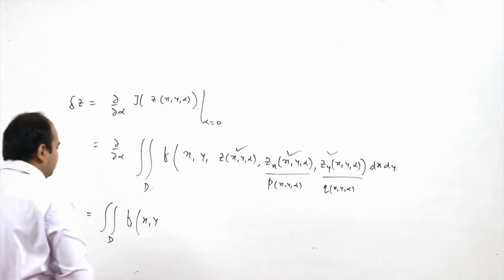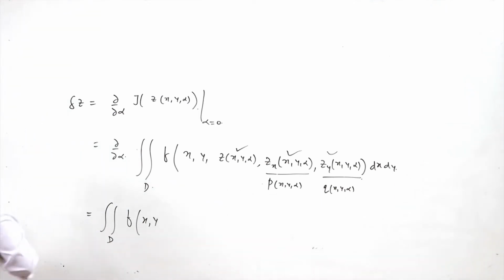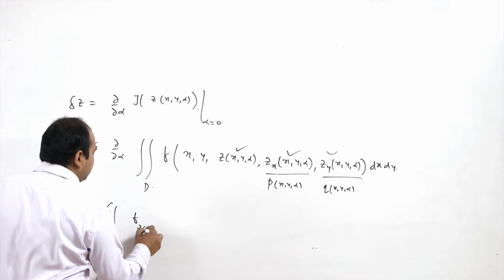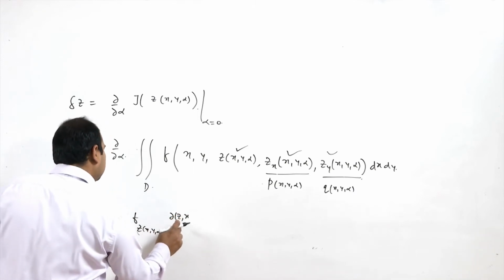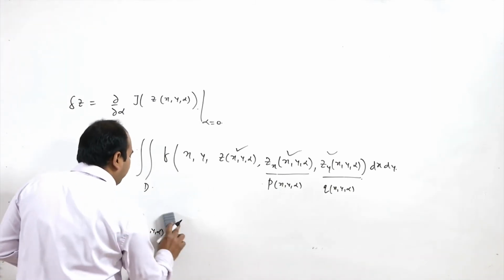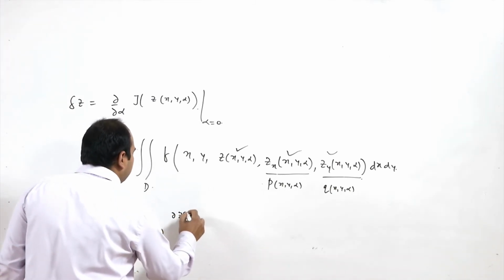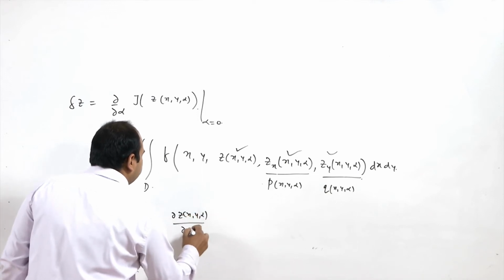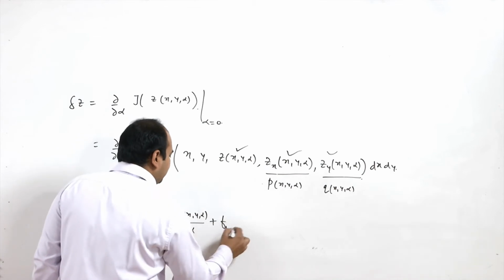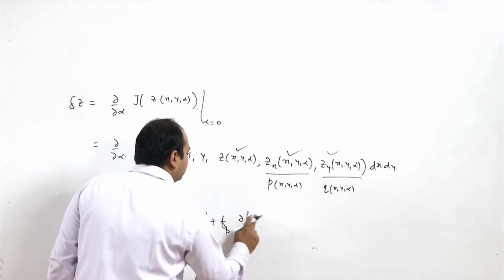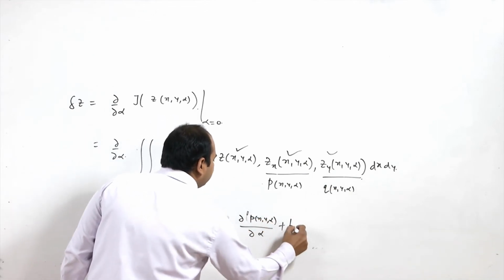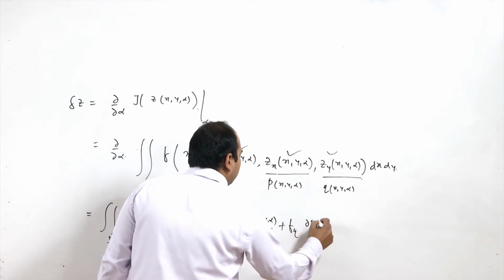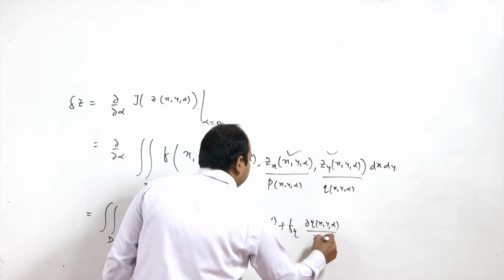So by using the formula of derivative, you can simply say that ∂/∂α of this quantity is given as f_z times ∂z(x,y,α)/∂α, plus f_p times ∂p(x,y,α)/∂α, plus f_q times ∂q(x,y,α)/∂α, right?